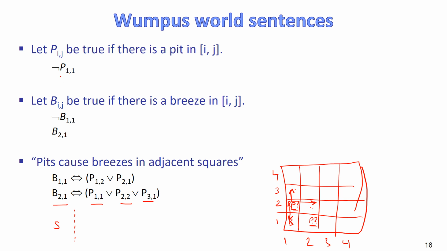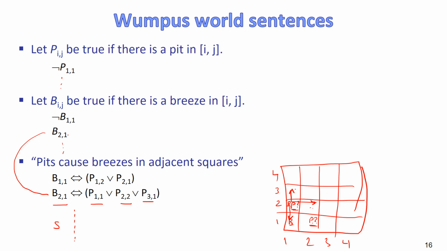Also here, this is just an example. We should add all of what we get and all of what we sense also here. So that, as a whole, will be the sentences that we have in the knowledge base. And of course, as we move on and sense something, as we will see later, we can infer something from these two.